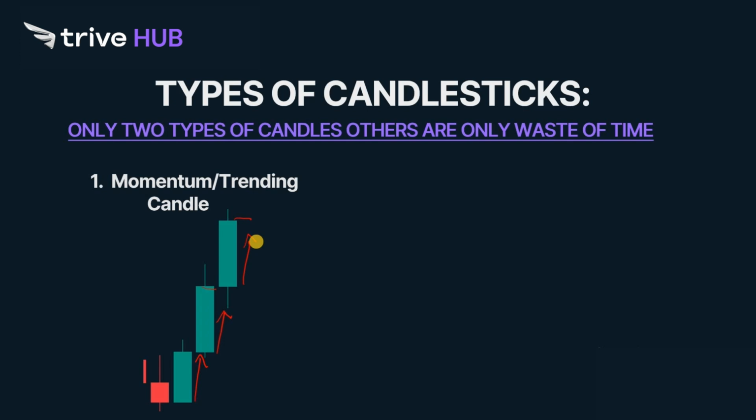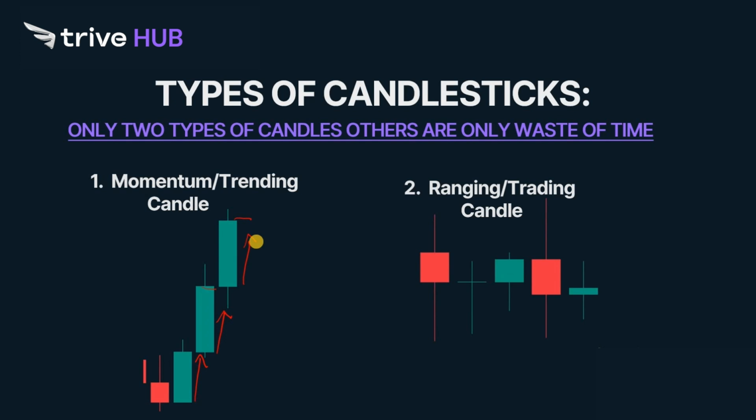And the second type of candlestick is the ranging candle, or you can say a trading candle. Trading candles have less than 50% body size in comparison to the full candle. As you can see in this image, the candle's body is less than 50% of the total candle's size.